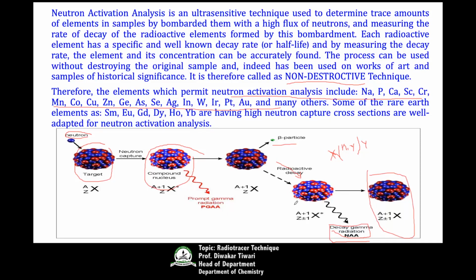So this is a highly unstable nuclide that undergoes gamma radiation, and these gamma radiations are detected. That's why it is called the n-gamma reaction. X is the target atom, n is the projectile, gamma is the ejectile, Y is the daughter.